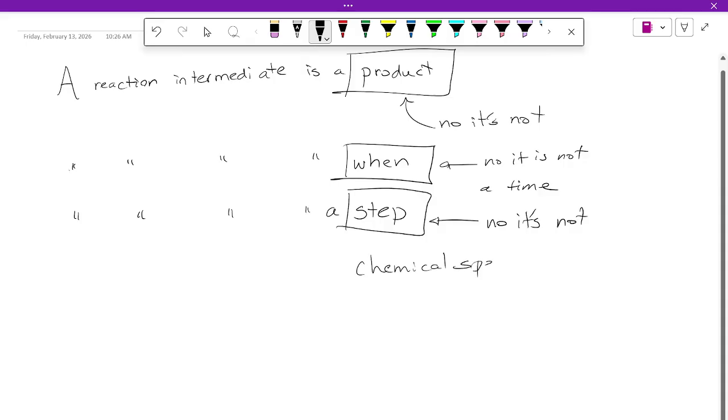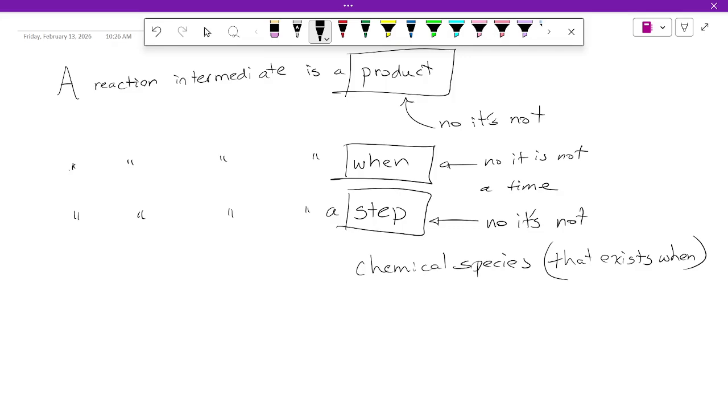If you want to tell me something about when, you can say that it exists when. Or you can say that it is formed in one step of a reaction mechanism. So watch out for language like that, because if you literally say it is a thing that it isn't, that's not going to work.